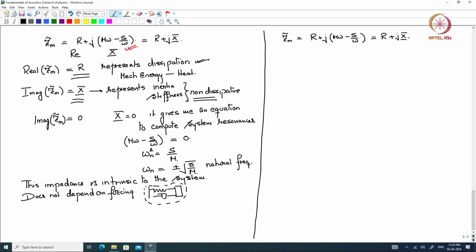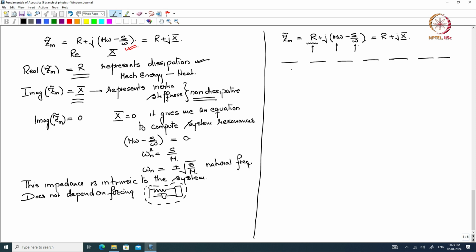Okay. Now, there are three parts to this. There is the impedance coming from the damper, from the mass and from the spring. So, let us look at each of these systems.